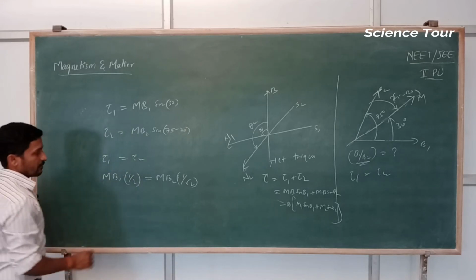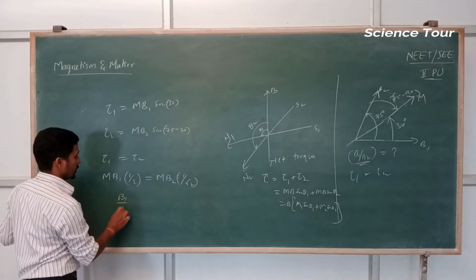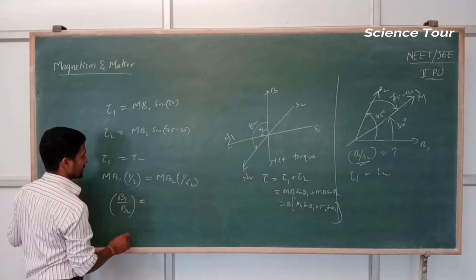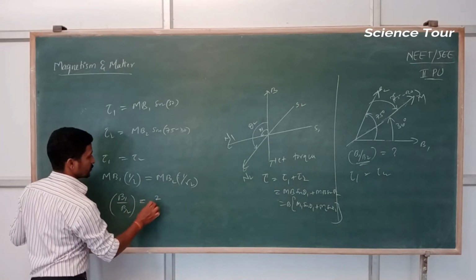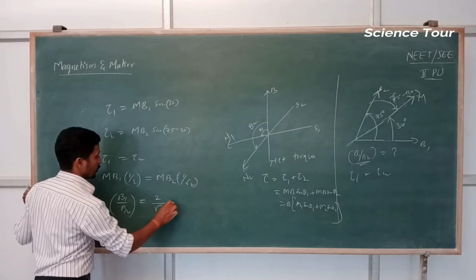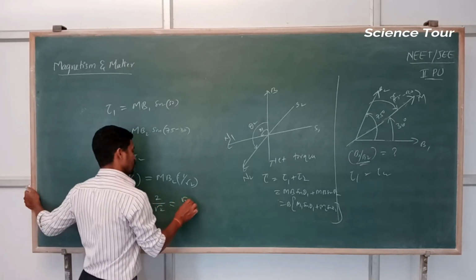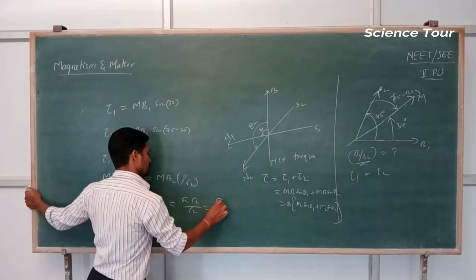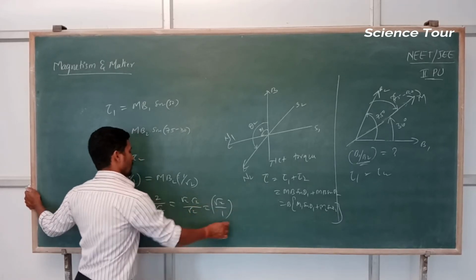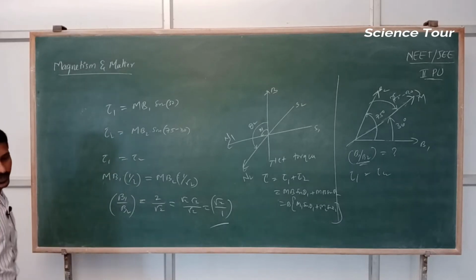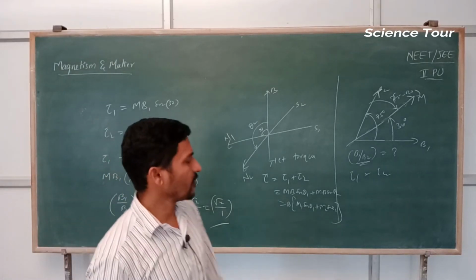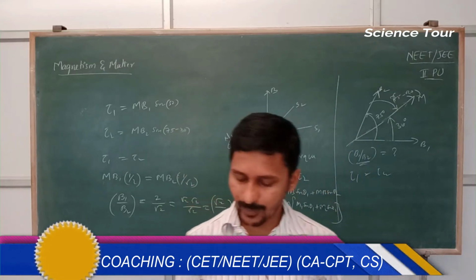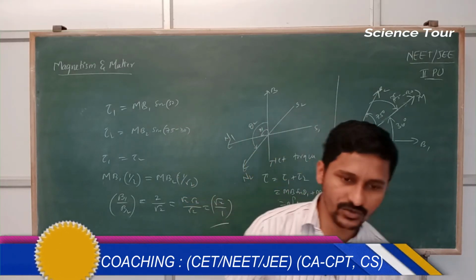B1 divided by B2, with m cancelling, is 2 by root 2, which equals root 2 into root 2 divided by root 2, that is root 2 divided by 1. This is one of the problems. If these cases come, you are going to apply this approach.